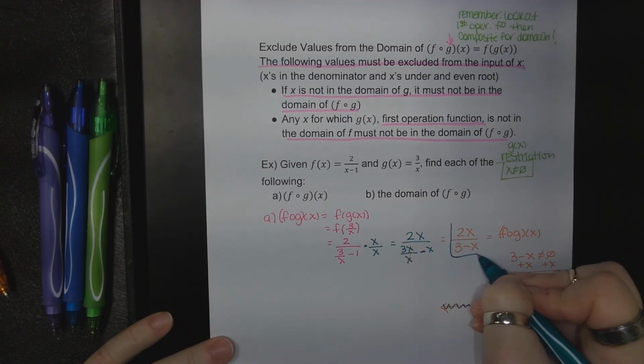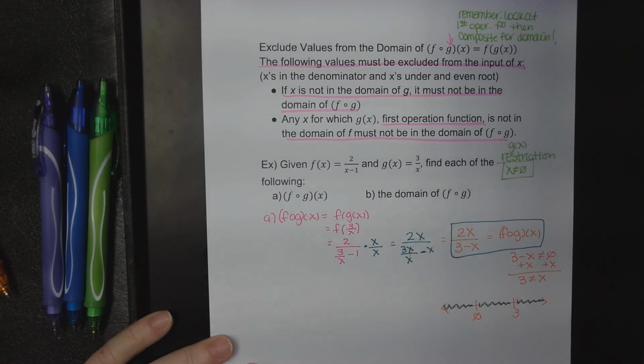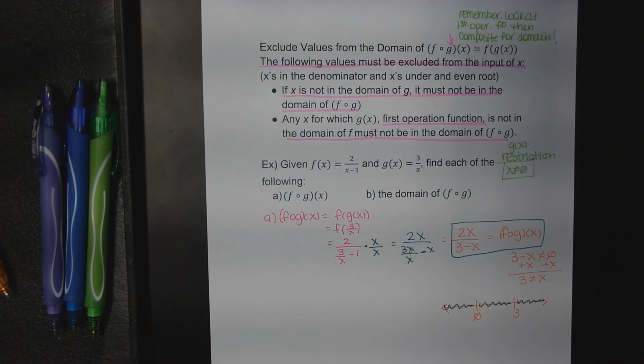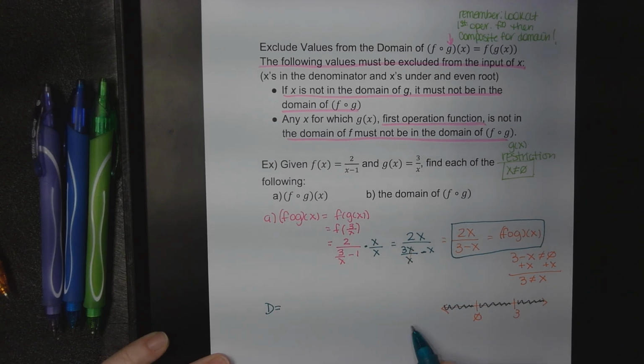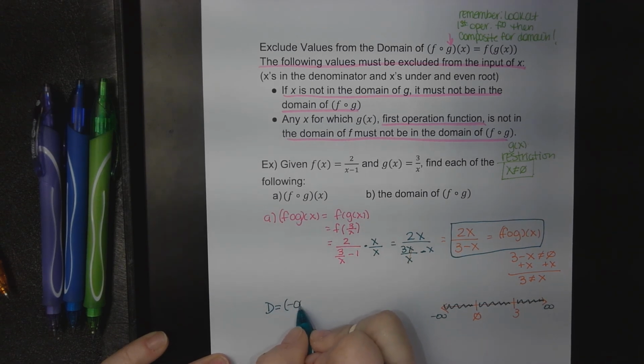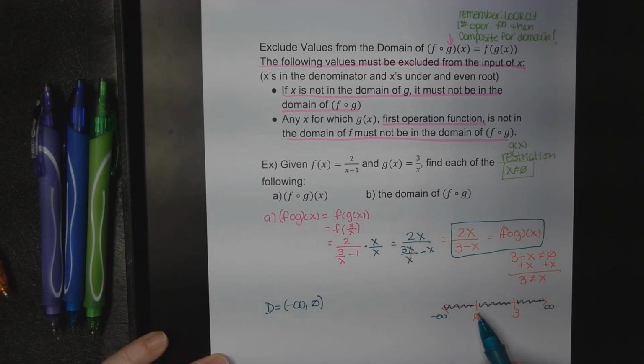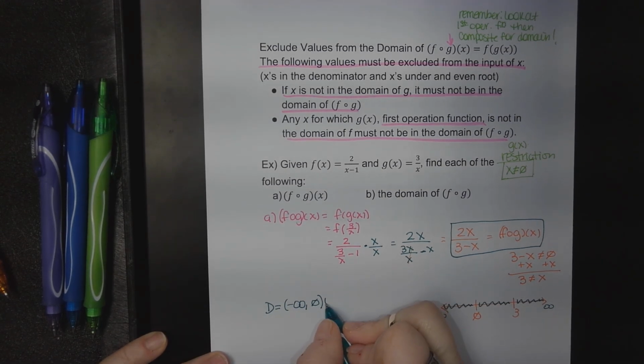So here's our new composite, that's the word. Now help me with my domain. My domain would equal, this is negative infinity, this is infinity. When we're coming along on the number line, the first thing we come to is negative infinity, then 0. Has to be a parenthesis because we're not including it, right? How do we denote a jump? Union.